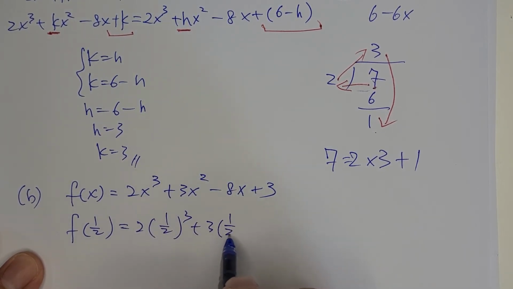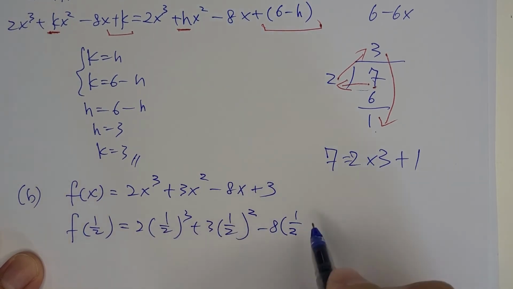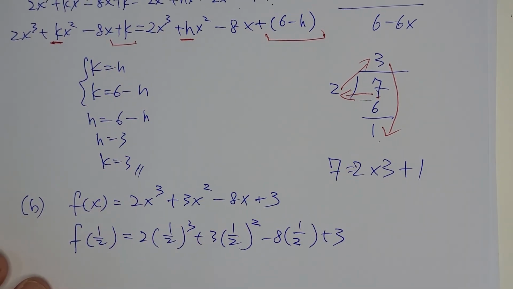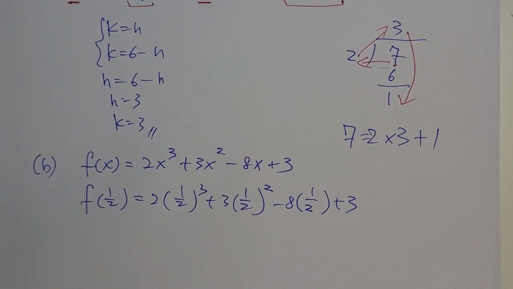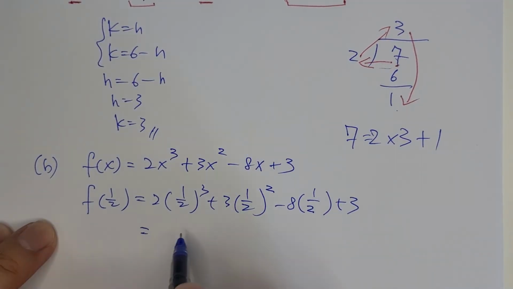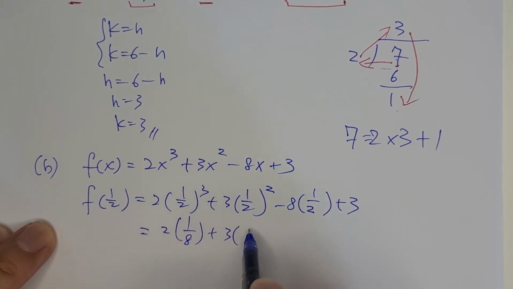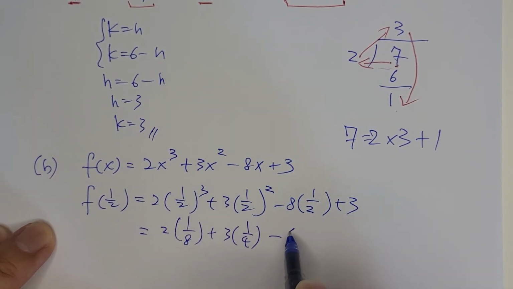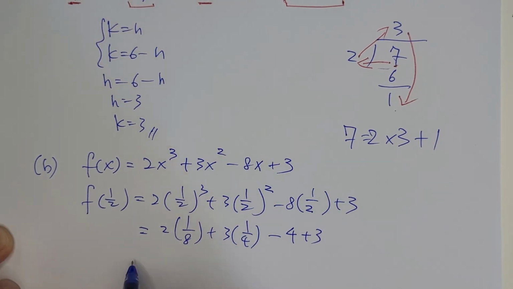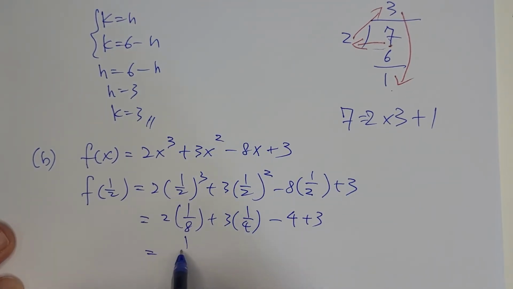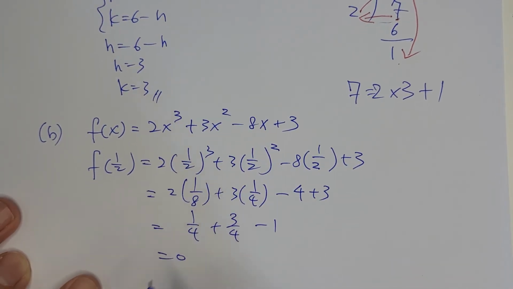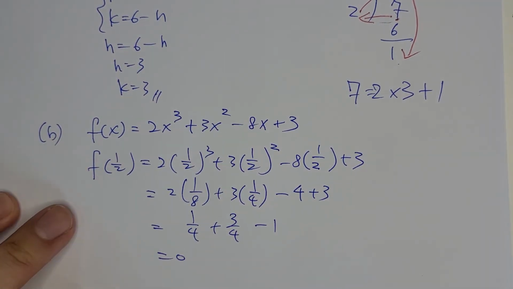Substitute x equals 1 over 2 inside the bracket. So that is 2 times 1 over 8 plus 3 times 1 over 4 minus 4 plus 3. You will get 1 over 4 plus 3 over 4 minus 1, so that is 0. You find that f(1/2) is 0.